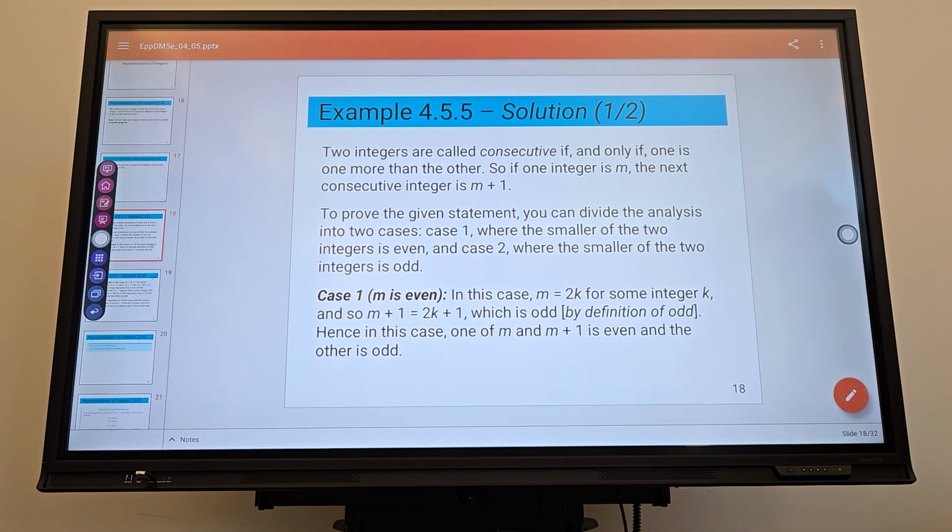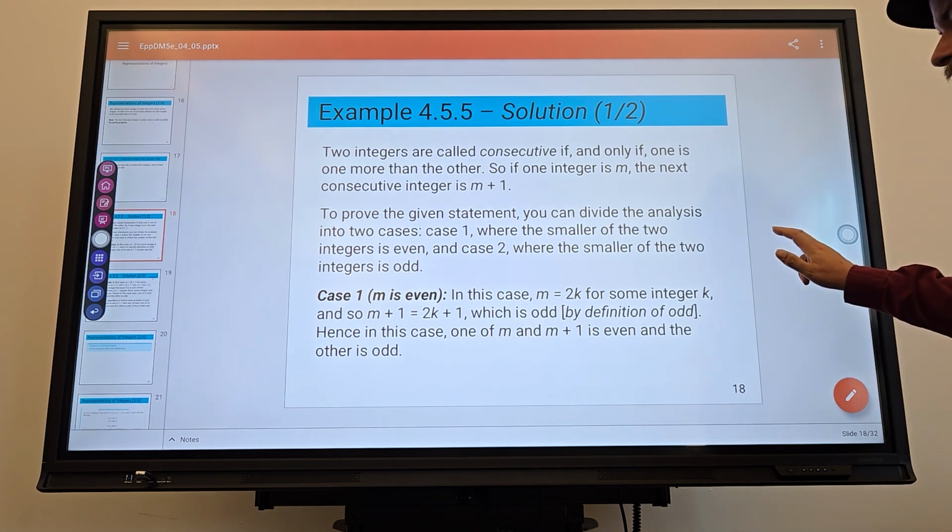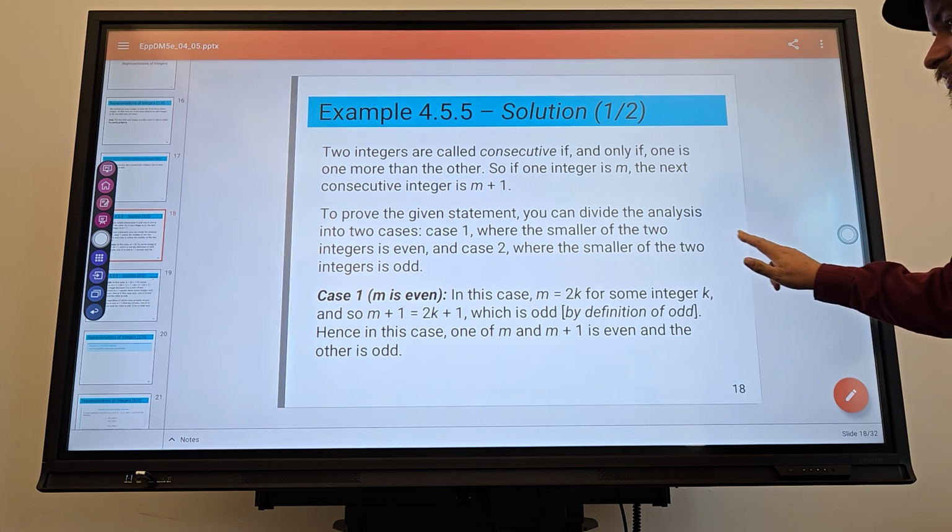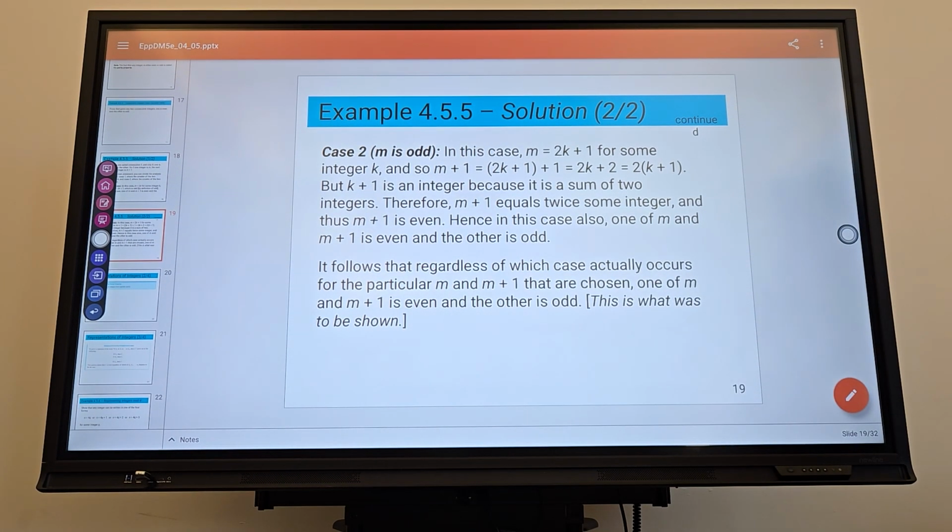Hence, in case 1 the statement is true, because one of m and m plus 1 is even and the other is odd. Case 2, if m is odd, m equals 2k plus 1 for some integer k, so that m plus 1 equals 2k plus 1 plus 1, which equals 2k plus 2, which equals 2 times quantity k plus 1.